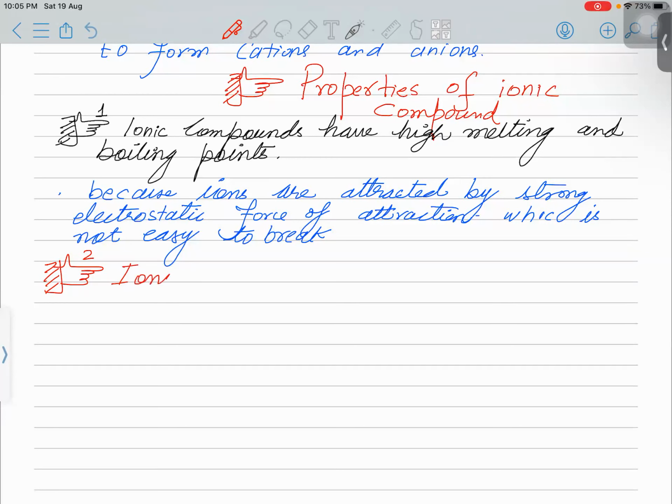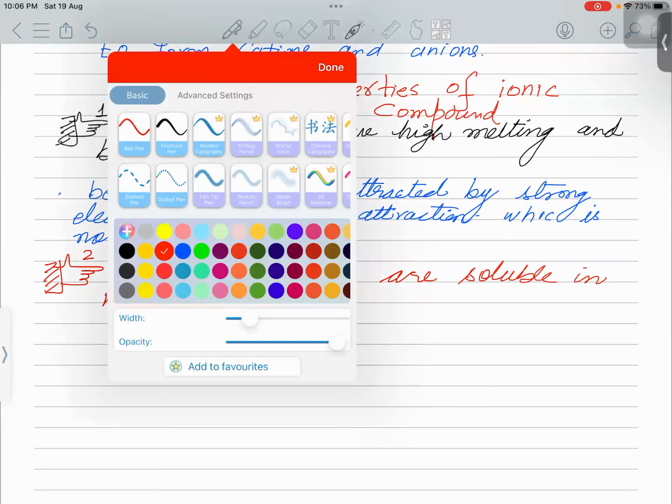So ionic compounds are soluble in water. Can you tell me why? Can anyone tell me why ionic compounds are soluble in water?